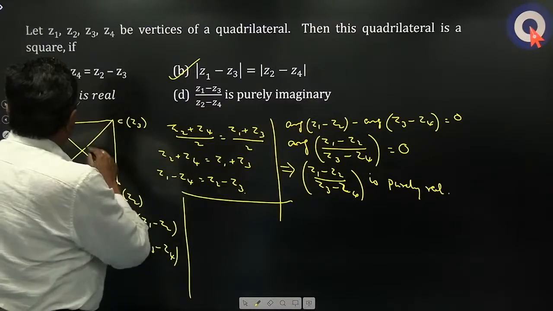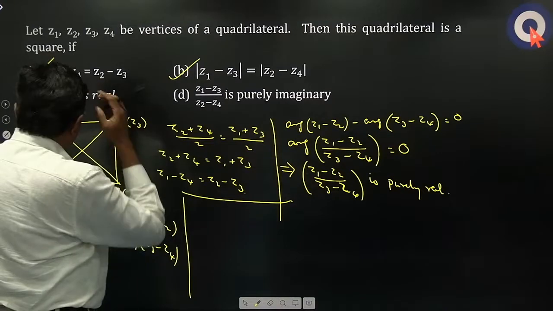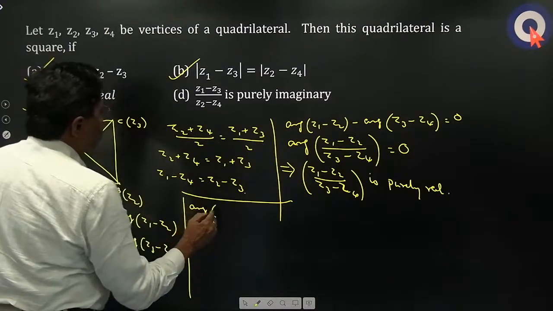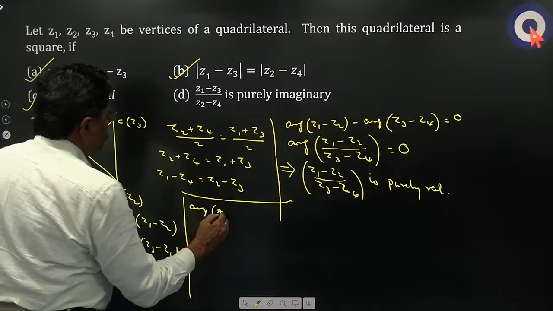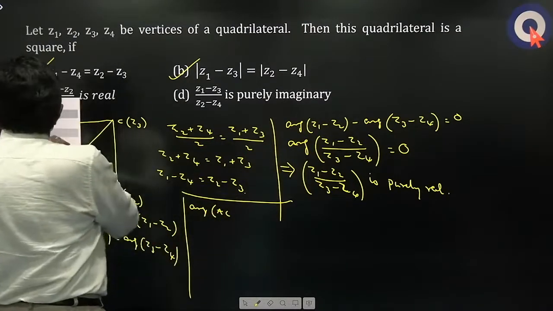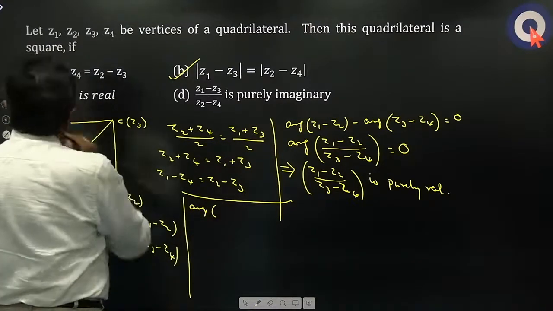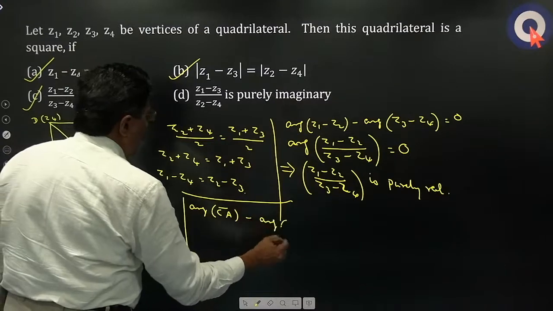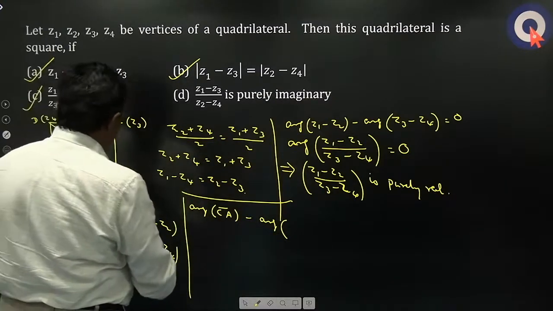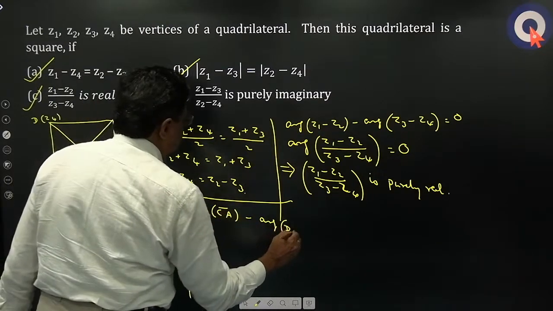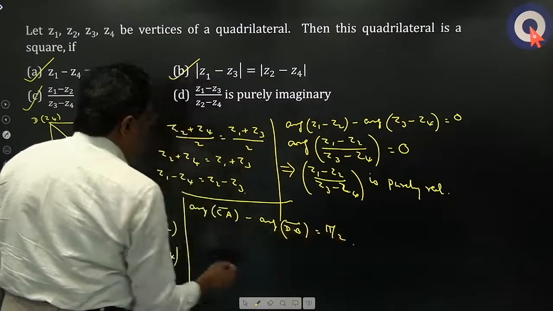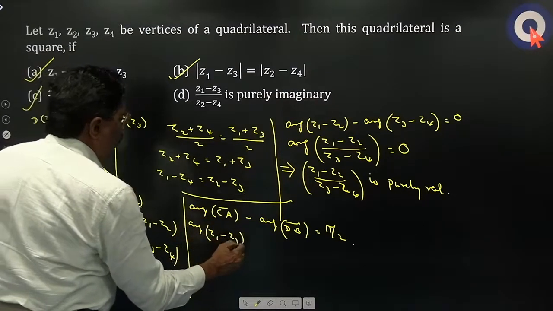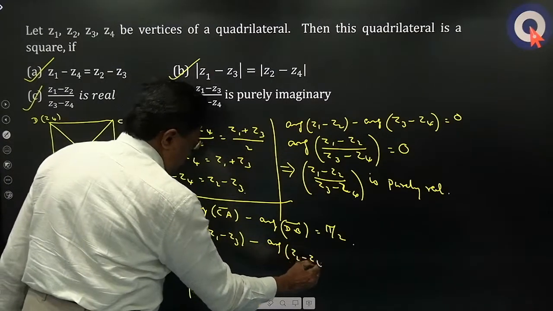If it has to be a square, then the diagonals will be perpendicular to each other, and therefore argument of CA minus argument of BD, argument of Z1 minus Z3 minus argument of Z2 minus Z4, should be pi by 2.